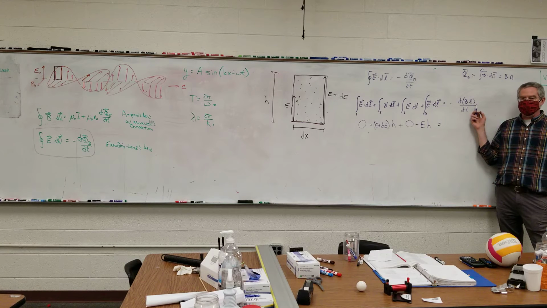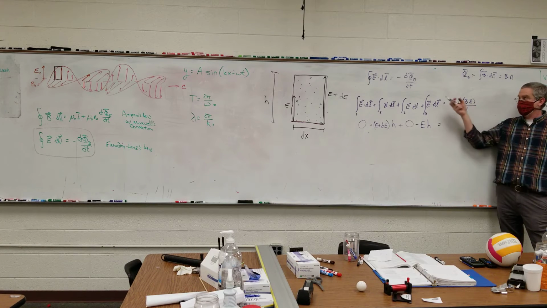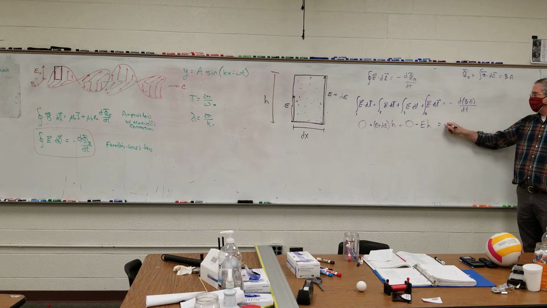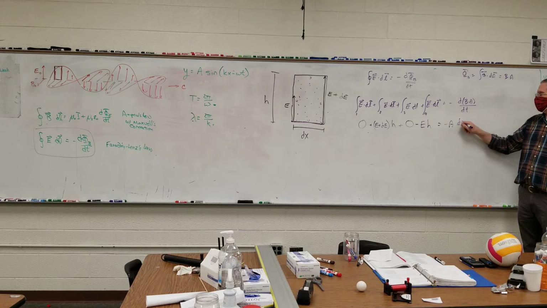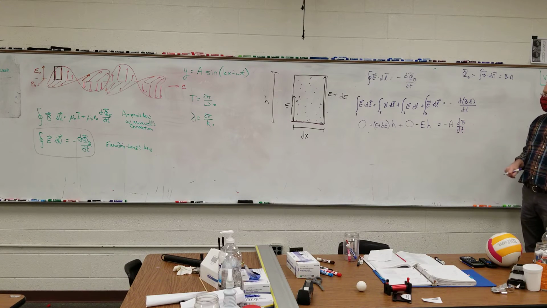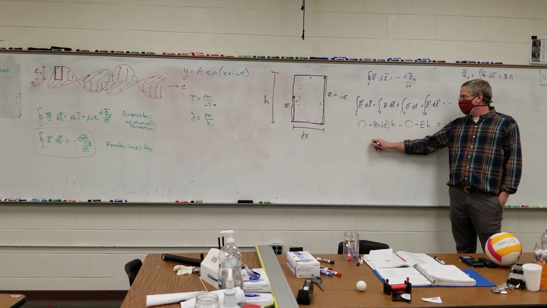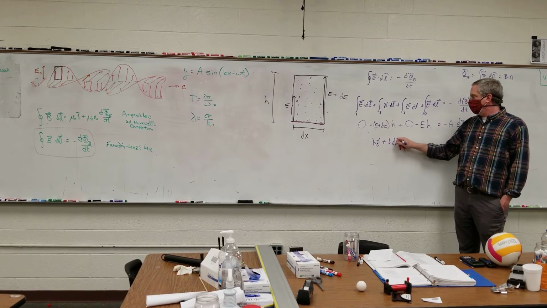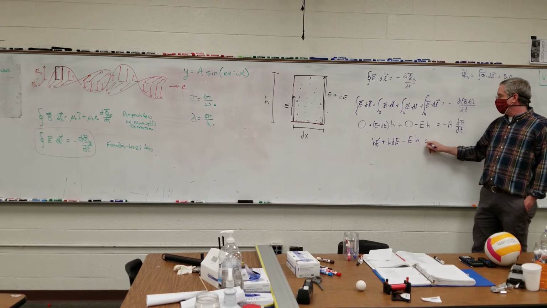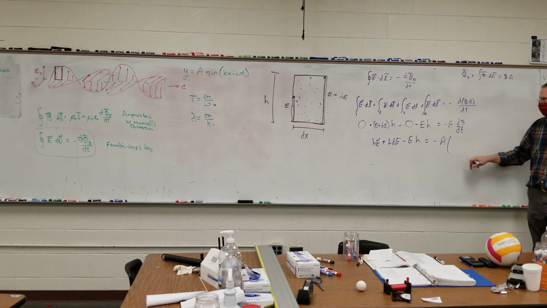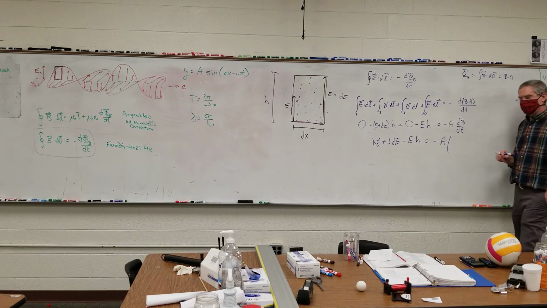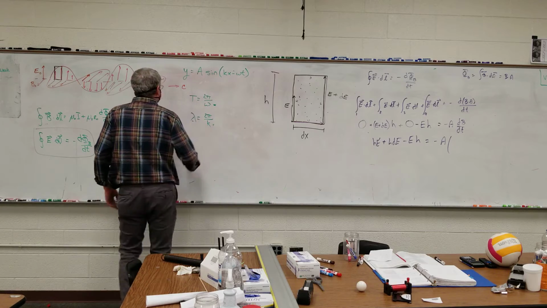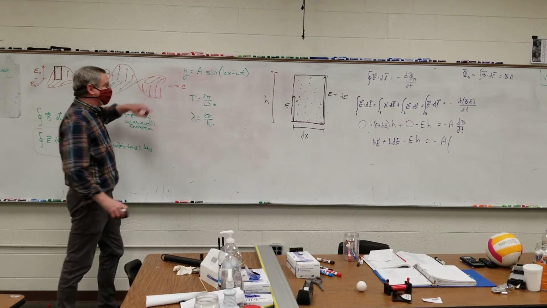now over here, my area is not changing with time, because I said that's going to be my rectangle right there. So this becomes negative area times dB dt. And so if I distribute here, I get HE plus H dE minus EH is equal to negative A times, what is the derivative of B with respect to time? And I did leave off those equations there, so let me write those up. Right, I went through this exercise for a reason, let's connect it up.